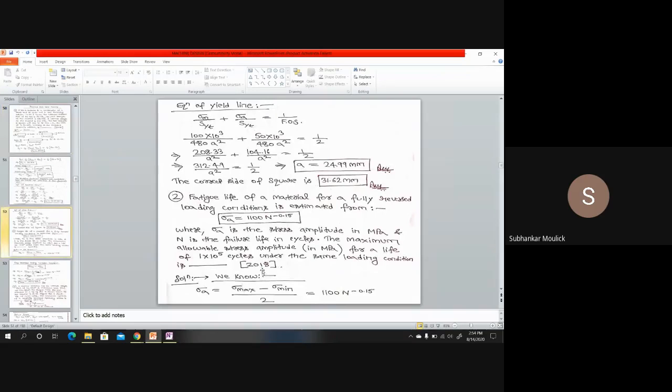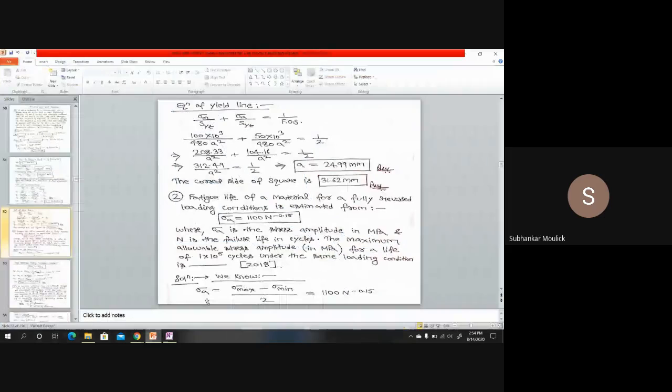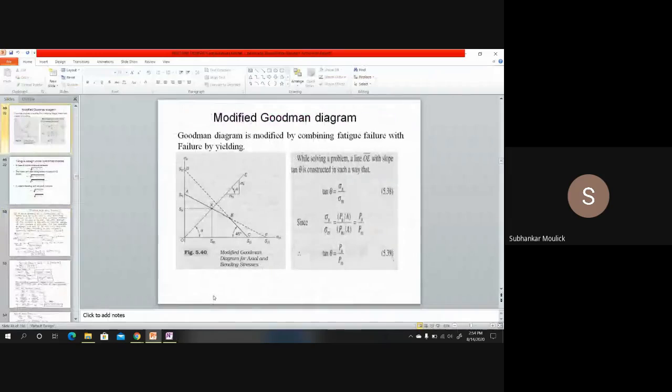Yes, equation of the yield line. Equation of the yield line will be sigma m by intercept SYT, plus sigma a divided by intercept SYT. This DC is my line.